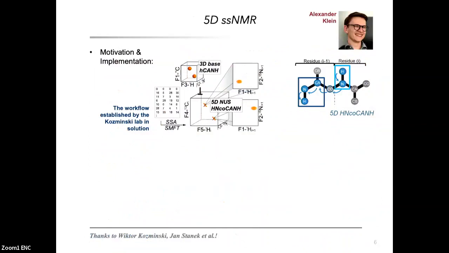And one way is to actually increase the dimensionality of these experiments and add another carbon C alpha chemical shift evolution. And luckily 5D NMR experiments have been worked out, or the theory, in particular the data processing, reconstruction of 5D NUS data has been worked out by Wiktor Koźmiński's group and others.